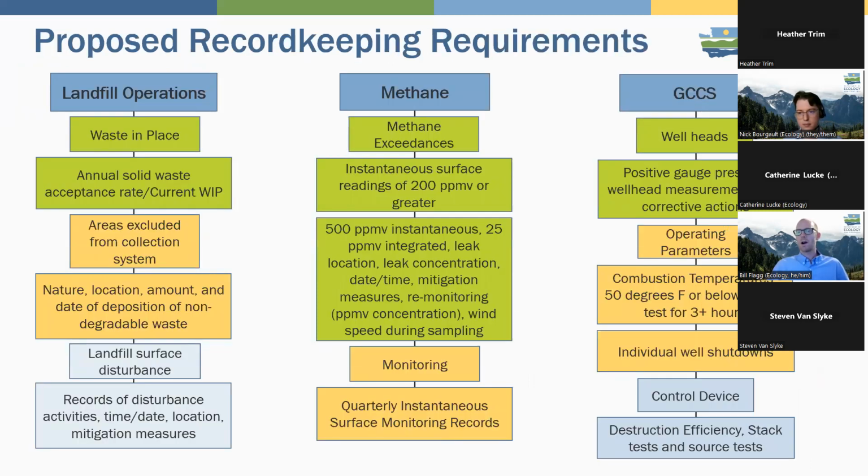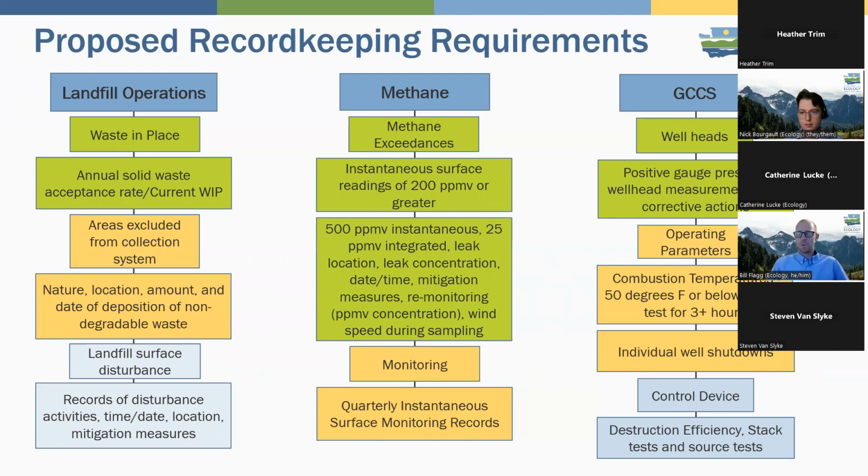So we have many proposed record keeping requirements at this time. And instead of going through a list of every record keeping requirement that we already have drafted up, we felt it was easier to break these down into columns and buckets here, 3 different major buckets.